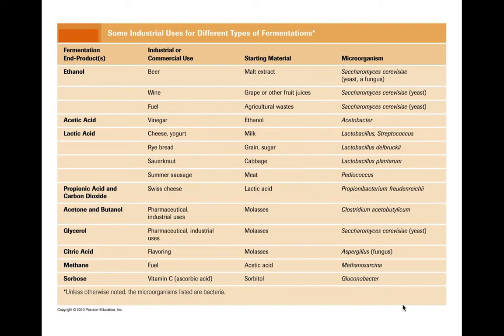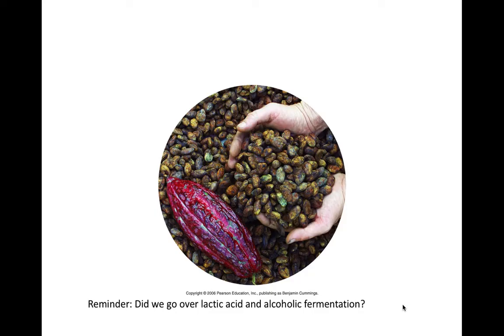The one we want you to remember again is lactic acid and alcoholic fermentation. Oh, and very importantly, we want to remember that the production of chocolate involves fermentation steps. So if you like chocolate, those microbial fermenters are important in the chocolate production process.